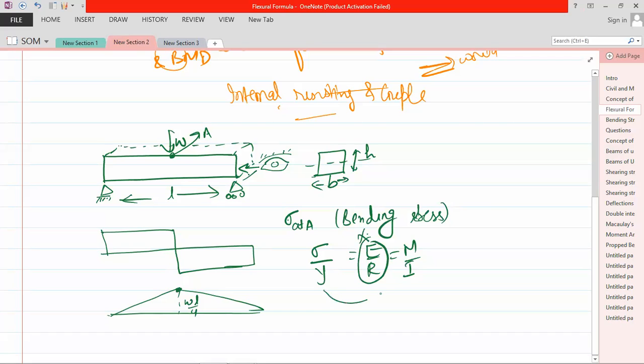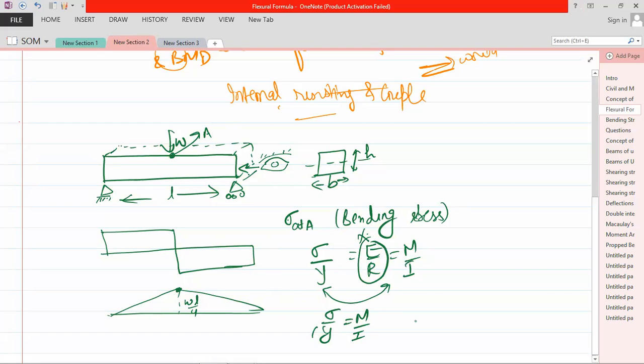So you relate the other two terms: sigma by Y is equal to M by I, because you know M at this location, that is WL by 4, and you can obtain I and Y at the location.